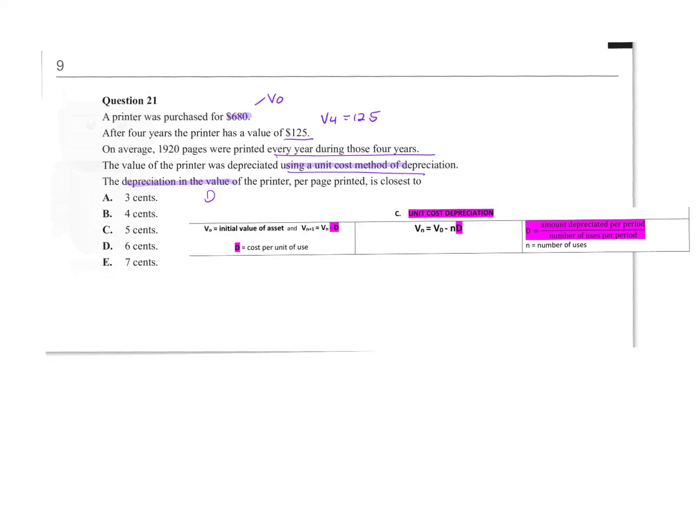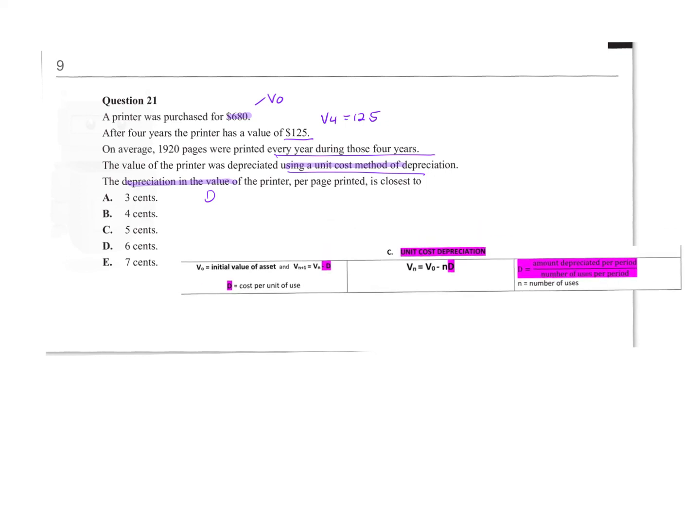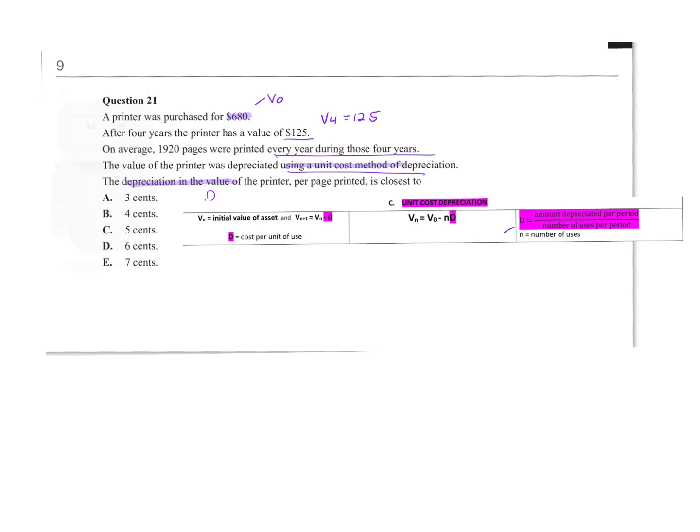Okay, so I've gone here, I know it's unit cost, and they want the depreciated value, which is this D value. So I'm going to use the formula again. Now, it is the amount it's dropped by, so it's gone from 680 down to 125. So if you minus the value it was and is now, that'll tell you the drop in value.